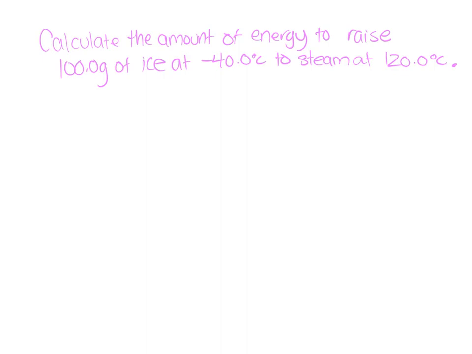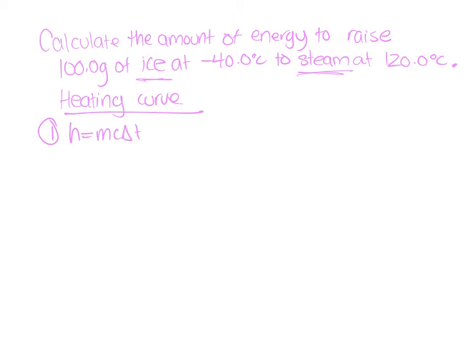Okay, so again, this is more like what the question's going to look like. And I can see that it has to go from being a piece of ice to a piece of steam. So that gives me a hint that it's a heating curve. In step number 1, what we have is H equals mc delta T, because I'm going to draw kind of a graph as we go along.